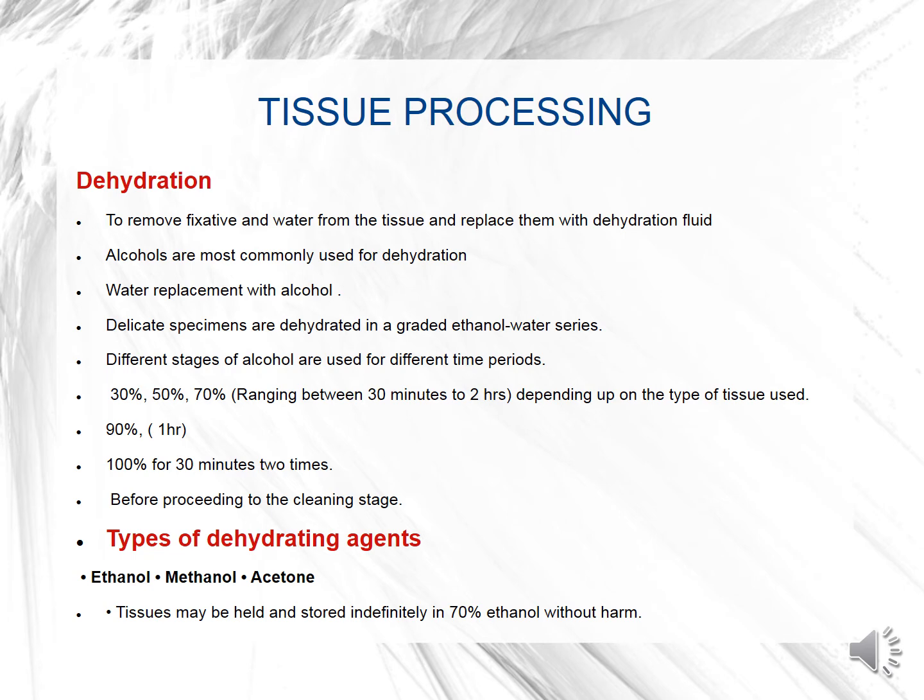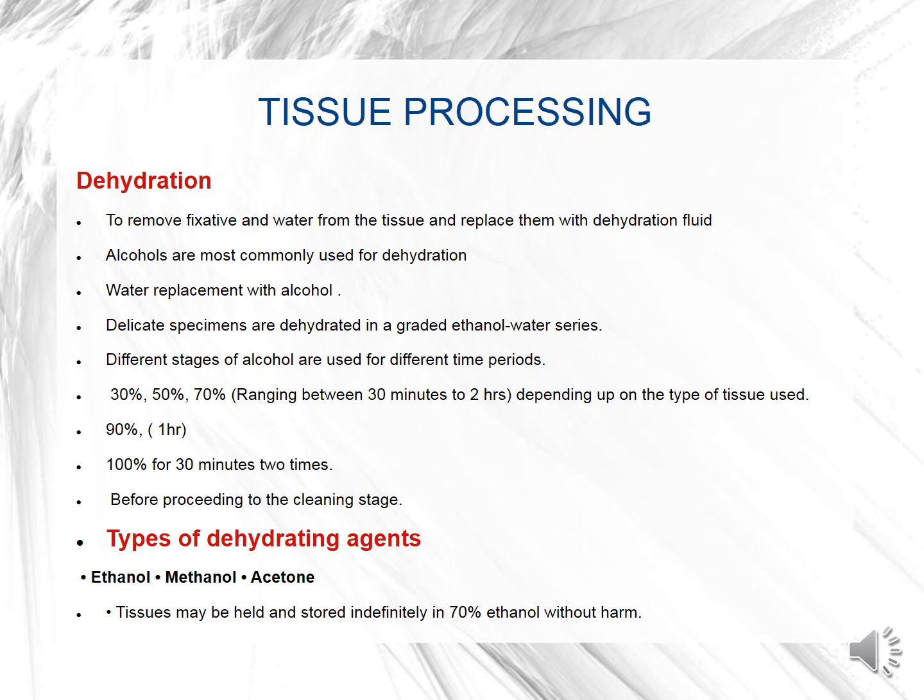Delicate specimens are dehydrated in a graded ethanol and water series. Different stages of alcohol are used for different time periods. It depends upon the type of tissue and the thickness of tissue we have taken.